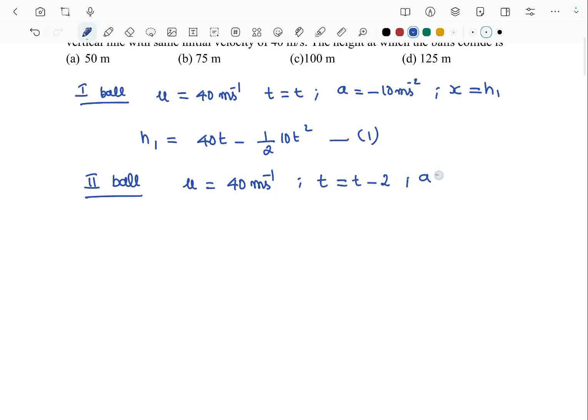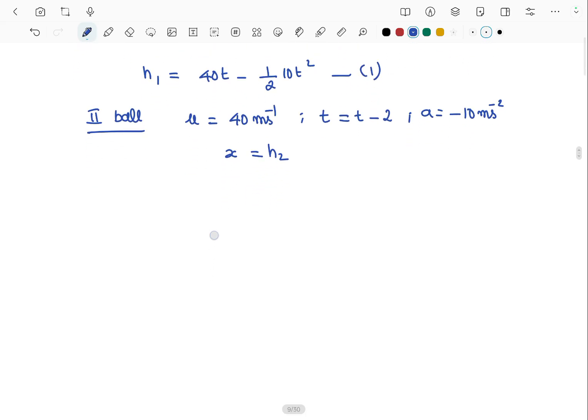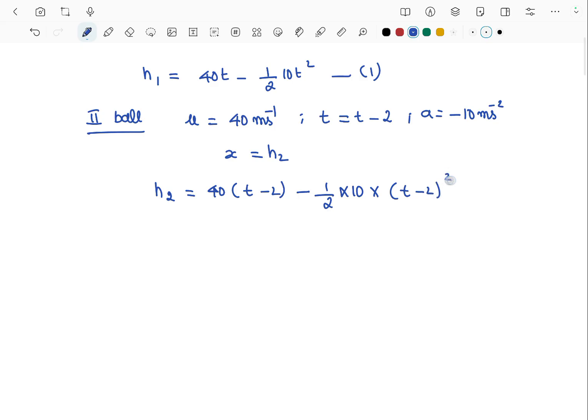The acceleration is also the same, minus 10 meter per second square, and the distance let me take as h2. Therefore h2 is equal to 40 into t minus 2 minus half into 10 into t minus 2, the whole square.